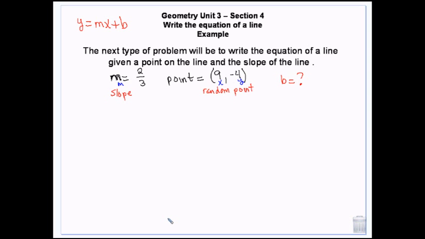So I'm going to plug into the equation the information I have. Y is negative 4, m is 2/3, x is 9, I don't know b, and I'm going to solve for b. So 3 goes into 9 3 times, and then 2 times 3 is 6. So I get negative 4 is equal to 6 plus b.